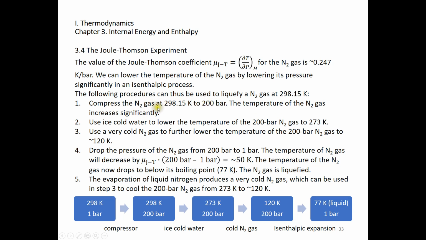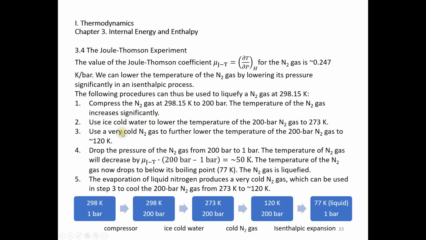This is going to increase the temperature of nitrogen, because when pressure goes up, temperature goes up. So we have a really hot, high pressure nitrogen gas. Then we can use ice cold water, which is cheap, to lower the temperature of nitrogen back to a lower temperature, for example just 0 degrees Celsius.